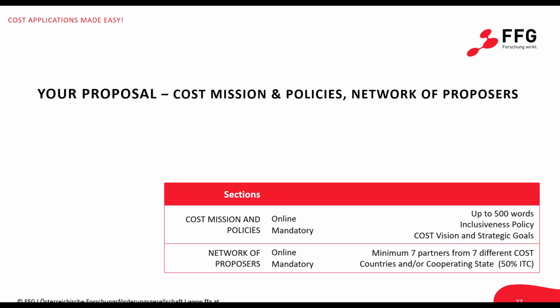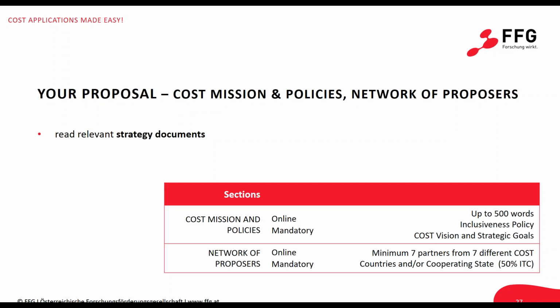Another section is COST mission and policies and the network of proposers. COST mission and policies is also to be filled out online as mandatory. This is where you have to write a bit about how your proposal and your topic fits together or contributes to the COST mission and policy.